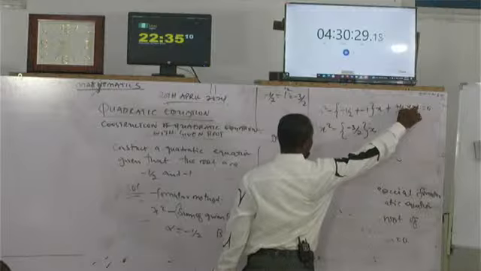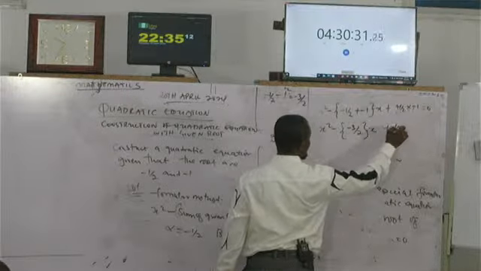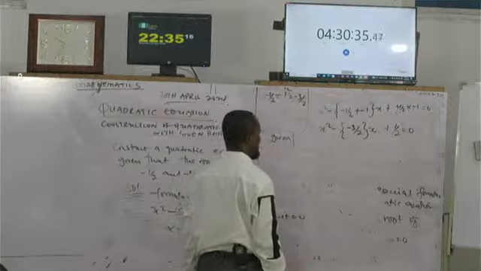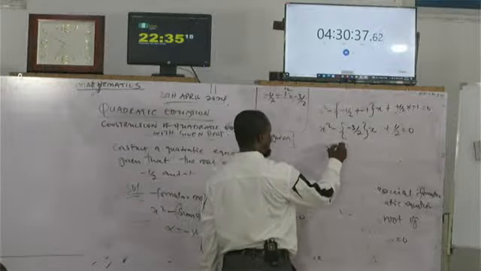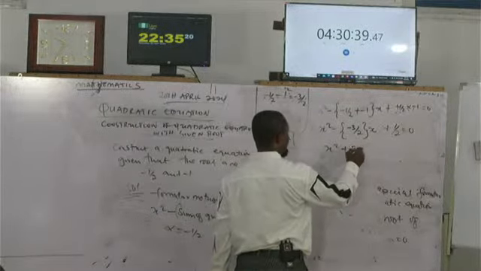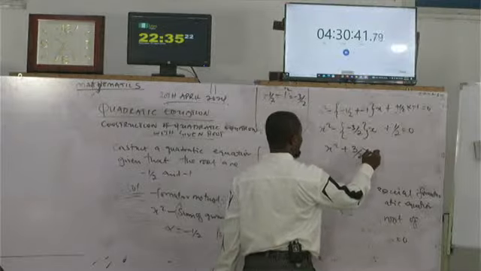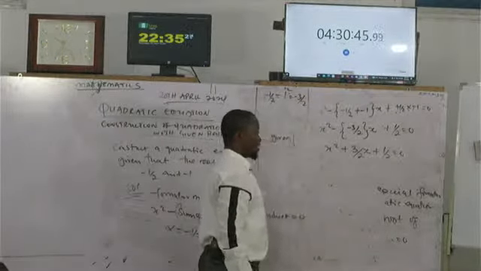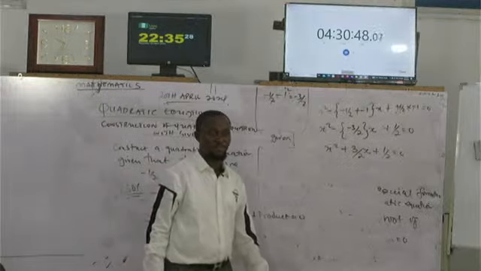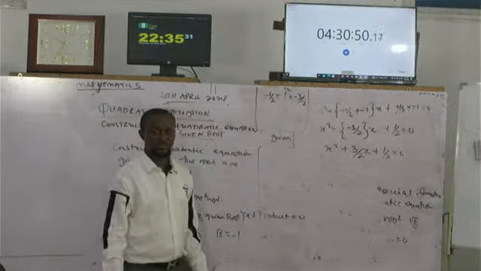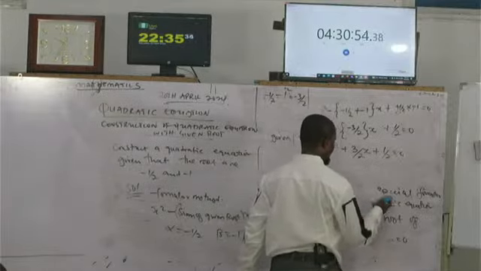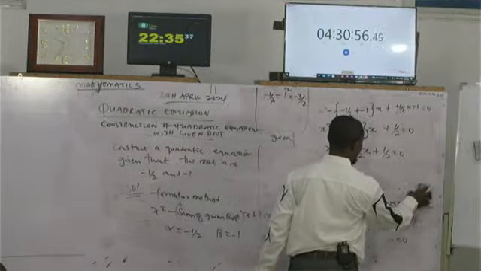The minus signs cancel out, so we have plus 1 over 2. So you have x squared plus 3 over 2x plus 1 over 2 equals 0. Now you see that the LCM here is 2, so you multiply all through by 2 to remove that fraction.